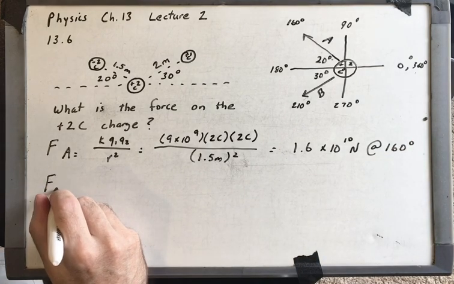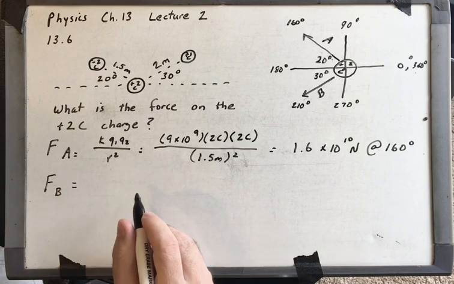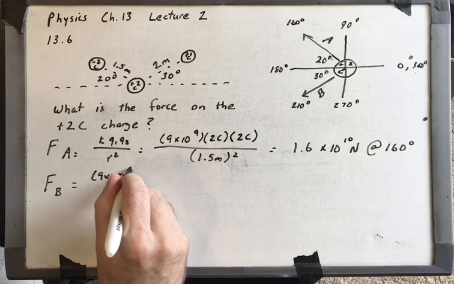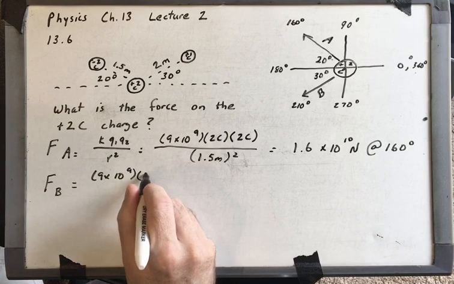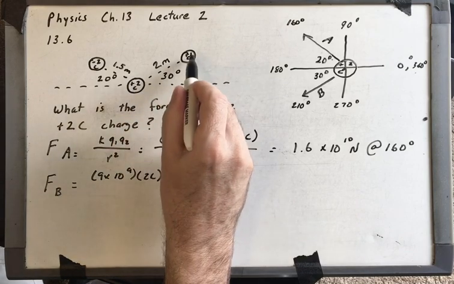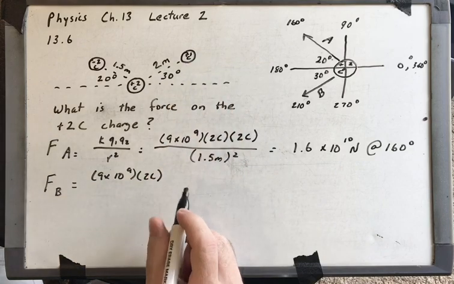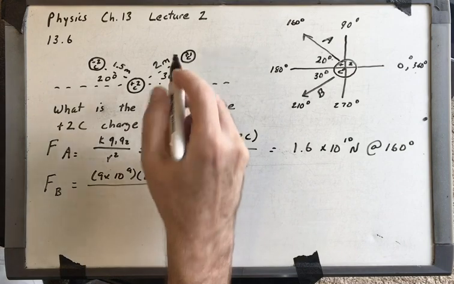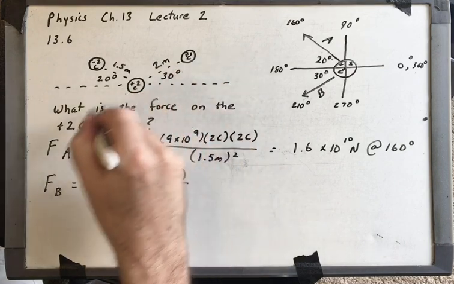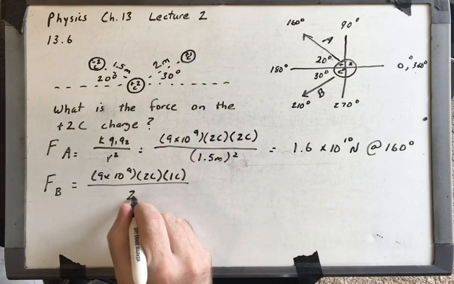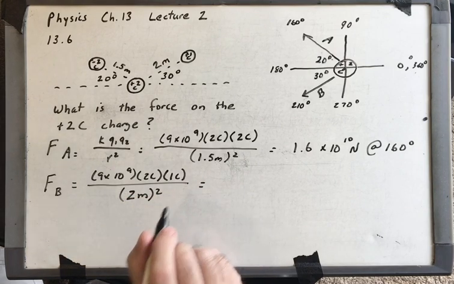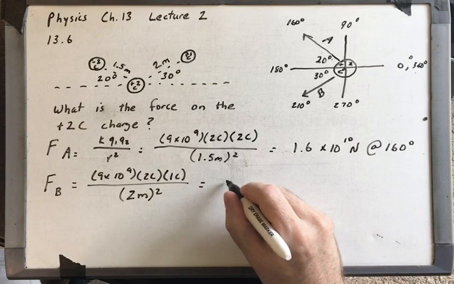And then the force on vector B, use that same formula, 9 times 10 to the 9th, 2 coulombs, right there, but then we'll have a 1 Coulomb charge, that charge there that's pushing it downward. That distance is 2 meters. So that is going to be 4.5 times 10 to the 9th.